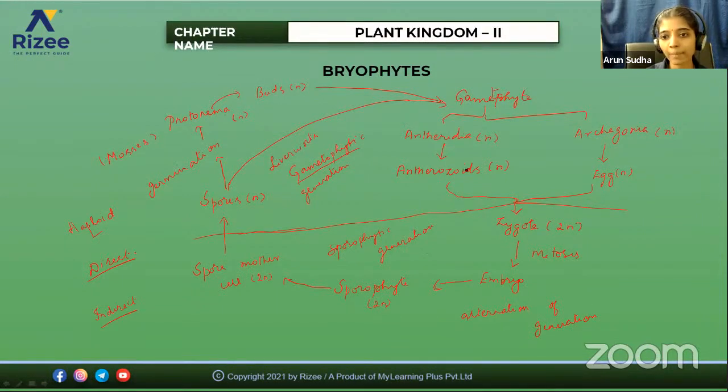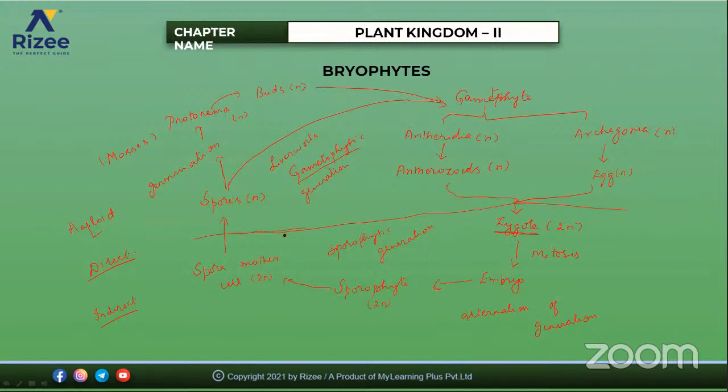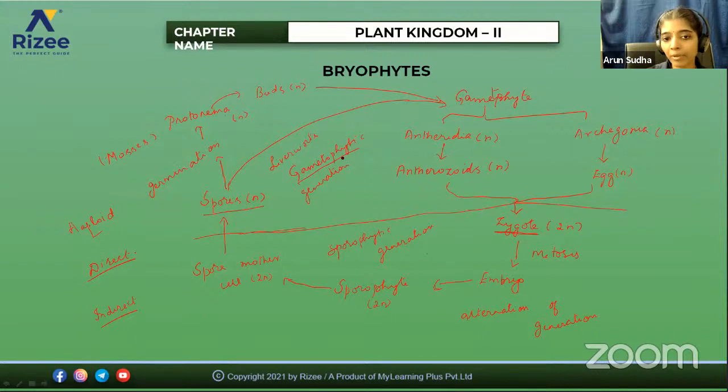So here the gametes form the zygote. Zygote is the first cell in the sporophytic phase, or sporophytic generation. And here the spores are formed, and spores are the first cell in the gametophytic phase.